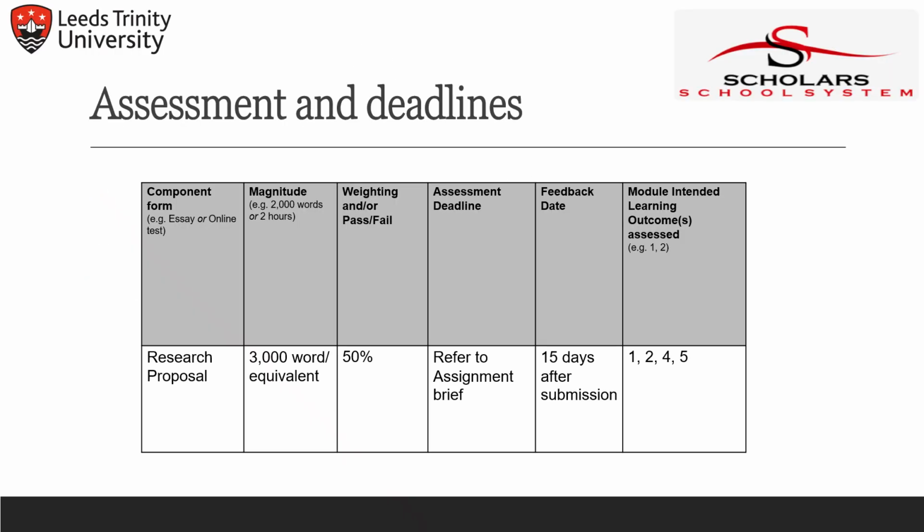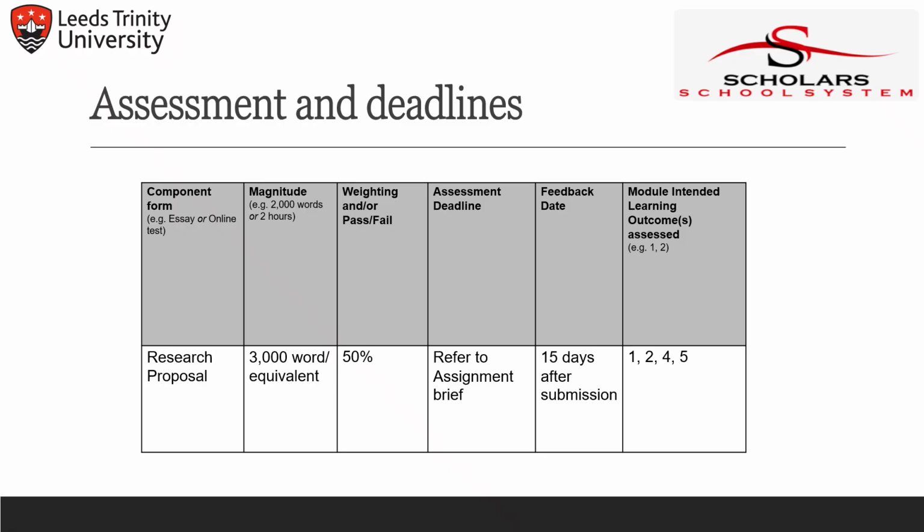So let's talk about our assessment and deadline. In semester 2, we have only one assessment for this module, because the first assessment, the research method presentation, we have already done in semester 1.